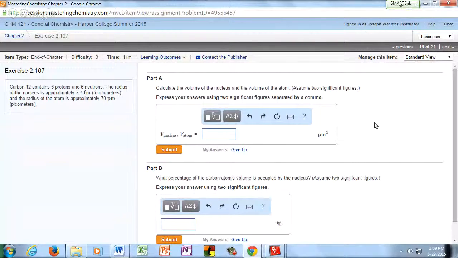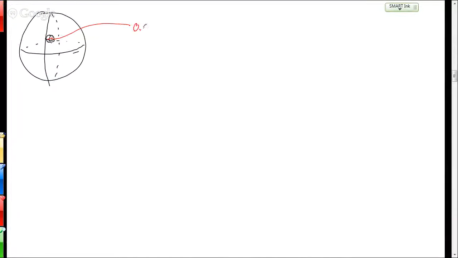So the radius of the nucleus is 2.7 femtometers, which is 0.0027 picometers, because there's 1,000 femtometers in a picometer. And then the radius of the atom itself is 70 picometers.